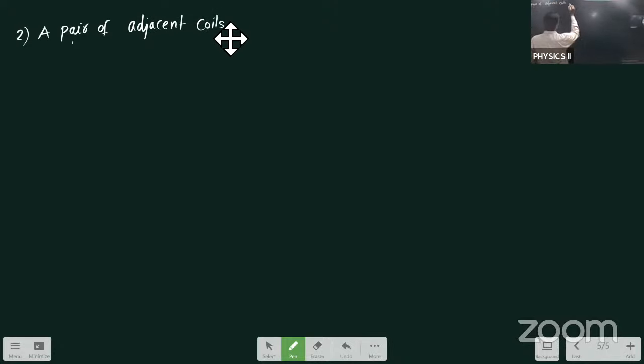A pair of adjacent coils has a mutual inductance. See here, in the previous problem we discussed self-inductance.